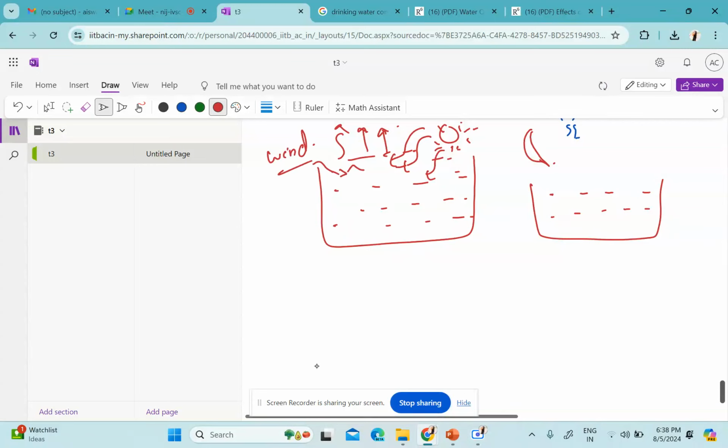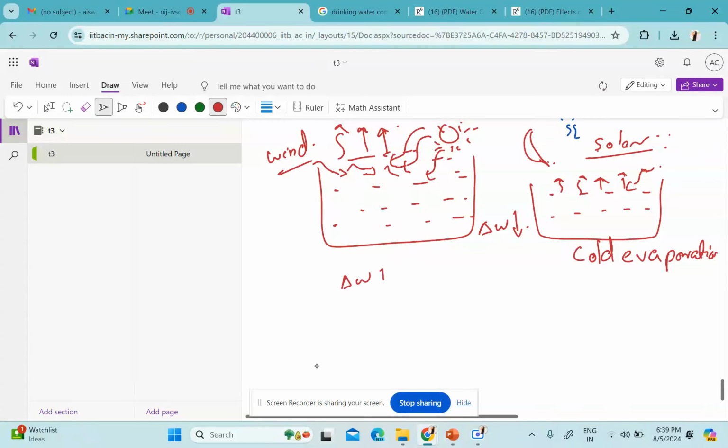So wind also will assist the evaporation. At night, wind may or may not be present, but there is no solar. But even at this point, a minor evaporation happens. That is weight reduction of this water is happening. So that is called cold evaporation, without the presence of solar. So all this evaporation will decrease the amount of water that we estimate.